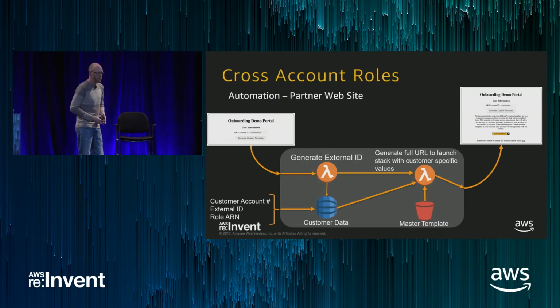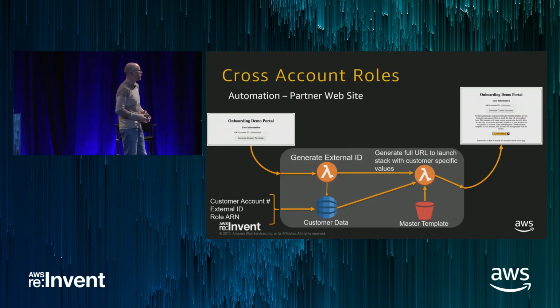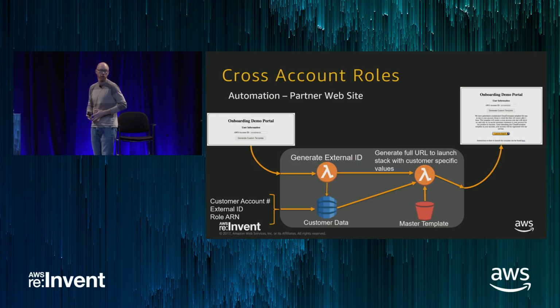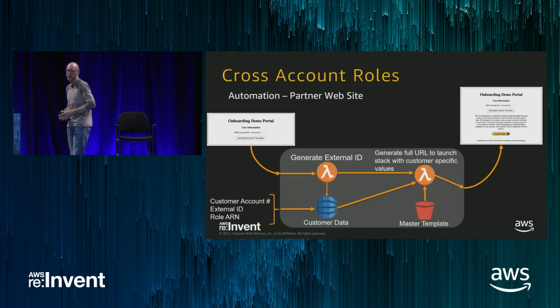If you take a look at it under the hood, how did we get from screen 1 to screen 2? In this example, what I have is the customer coming to that portal on the left, putting in their account number. And what I've outlined here is a workflow where we are calling a Lambda function that actually generates that external ID, some sort of a unique, very hard to guess external ID. I'm then storing that in whatever data store I'm using as a partner. It's going to have that external ID in there as an attribute.